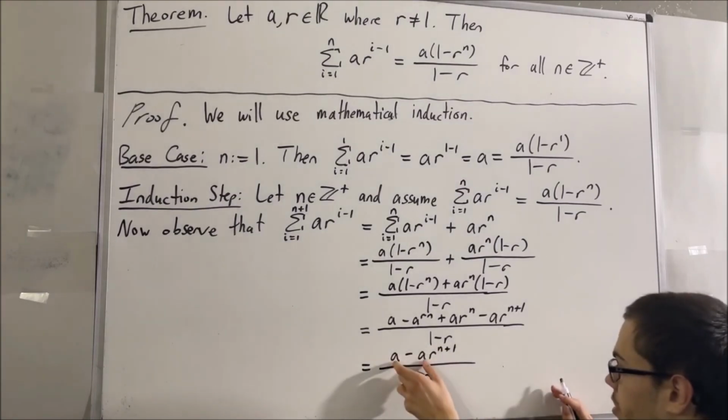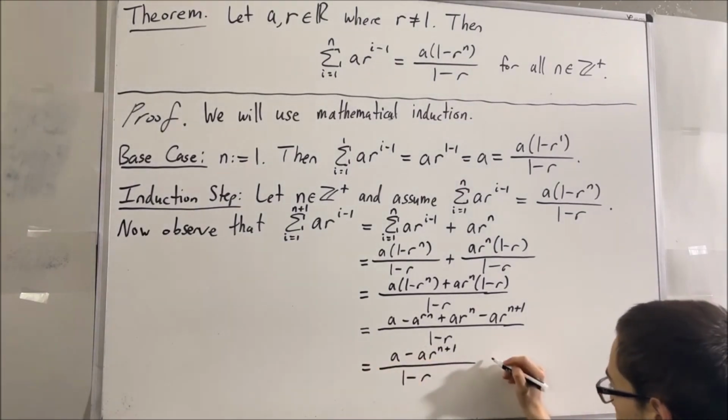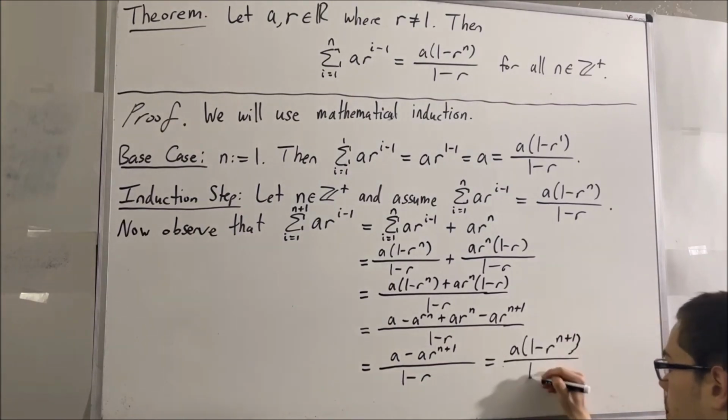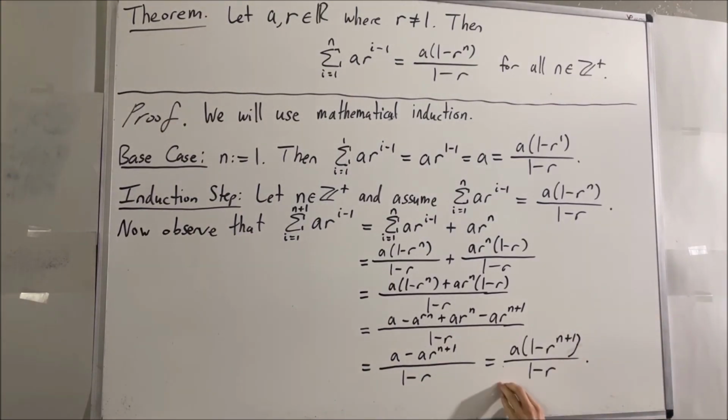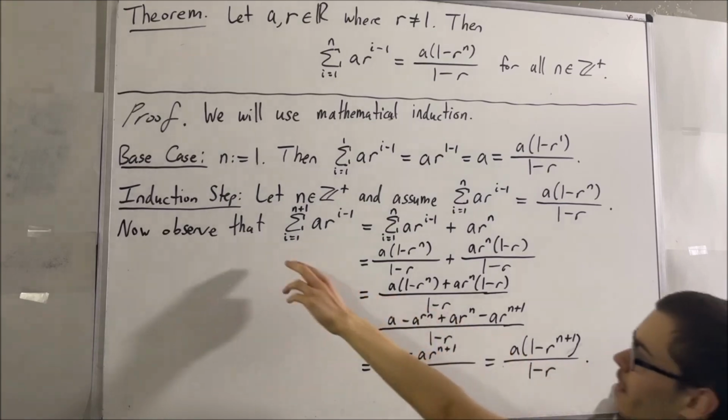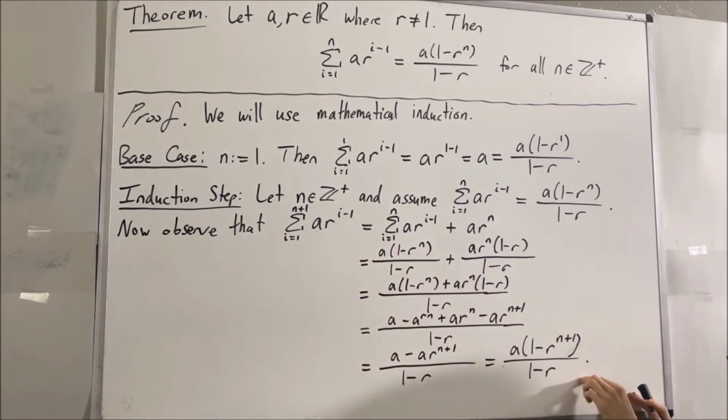And then factoring out an a in the numerator, we are left with this. So really, this is equal to this.